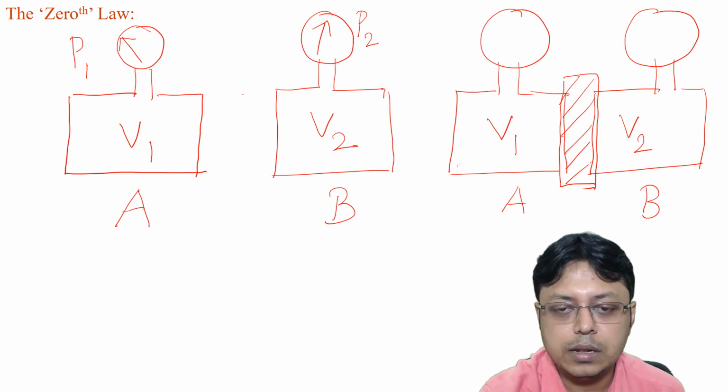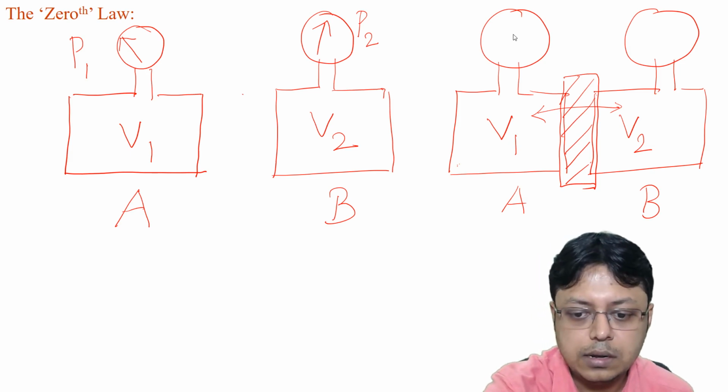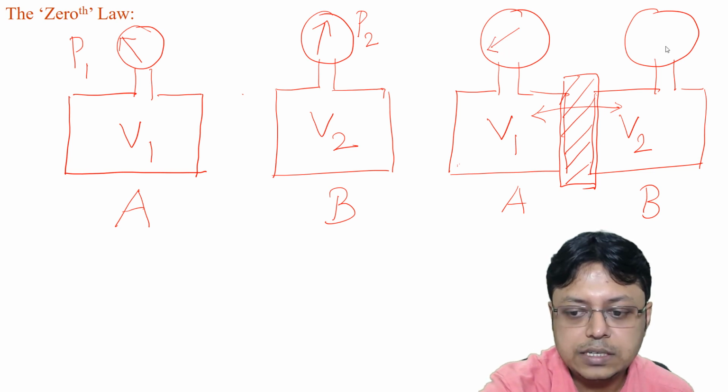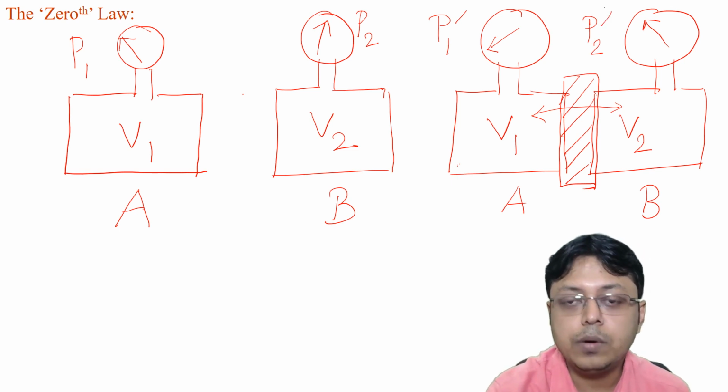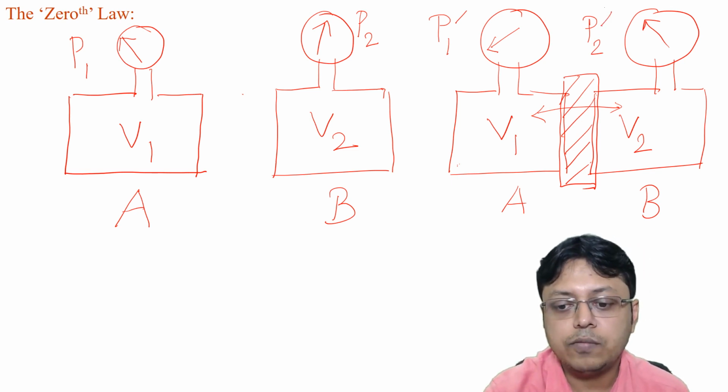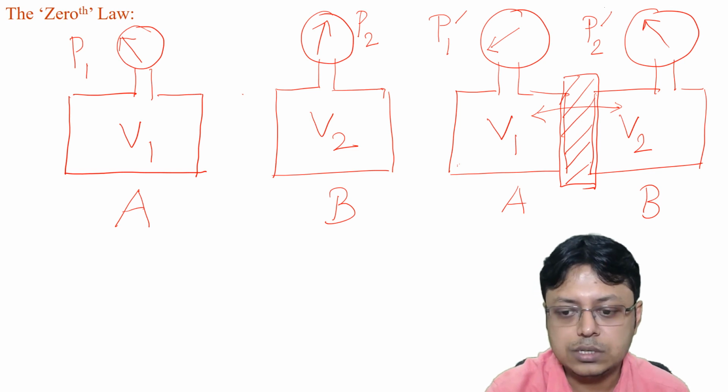So if it is thermally conducting, heat can flow across this boundary, and as a result the pressure will show some change in the reading in these two systems, which we call P1 prime and P2 prime. So P1 prime and P2 prime are the final pressures of these two systems.